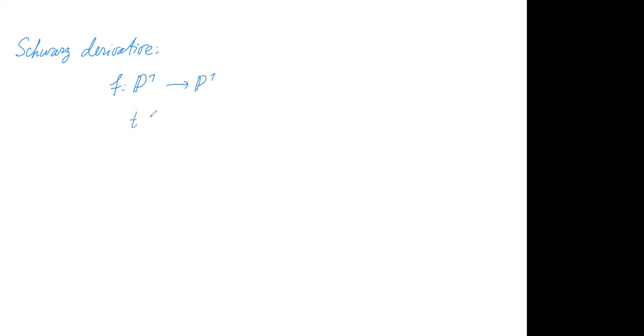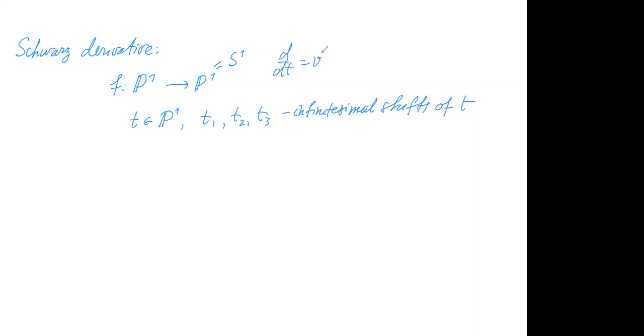Take any point T in the projective line and take T1, T2, and T3 to be infinitesimal shifts of T. Namely, suppose we work in the real projective line, which is just S1, and then you have the vector field d over dt on this line.